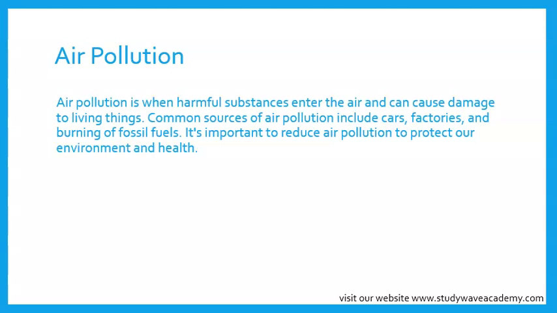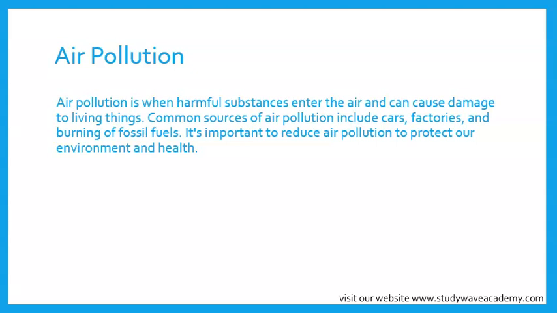Air pollution is when there are too many unfriendly things in the air. It's like having too much junk in the air. So it's important to do the right things that won't cause air pollution. Do we understand that?